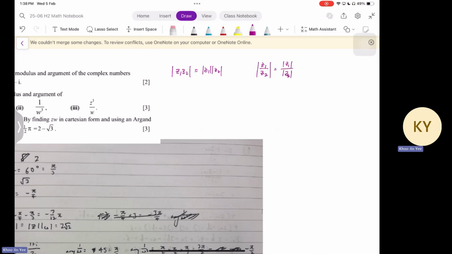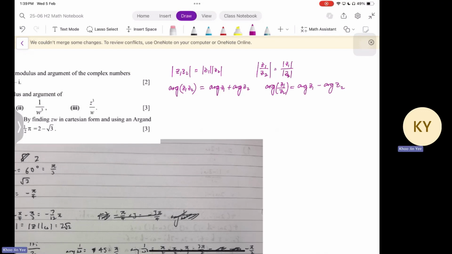Next, the argument of a product becomes the sum of the arguments. And the argument of a quotient would be the difference of the arguments.